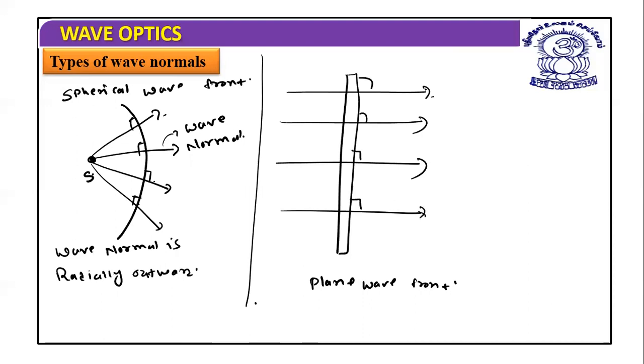That means these are the wave normals. So they are almost parallel to each other. And the same is the case with cylindrical wavefront.